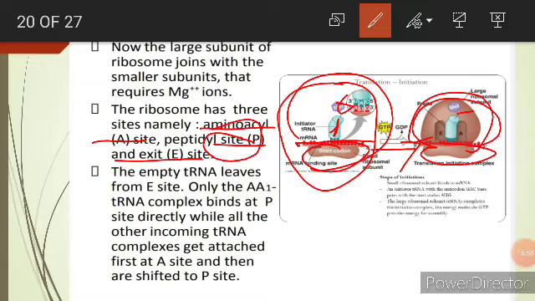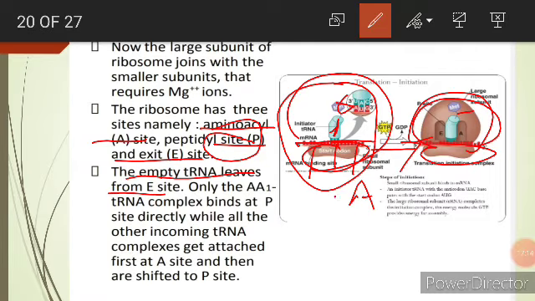So what happens in the elongation? Here we can see an empty tRNA leaves from the E site. Suppose here is the A site, here is the P site, and here is the E site. Firstly the tRNA will come at the A site.